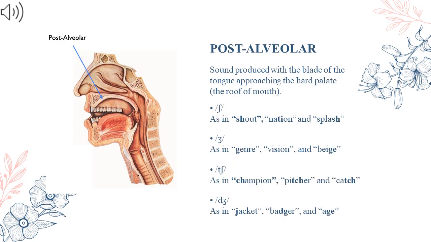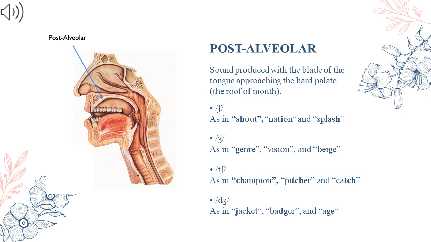Post-alveolar sounds are produced with the blade of the tongue approaching the hard palate, the roof of the mouth. Let me give you the example. First, sh. The words are shout, nation, and splash. And then second, zh.